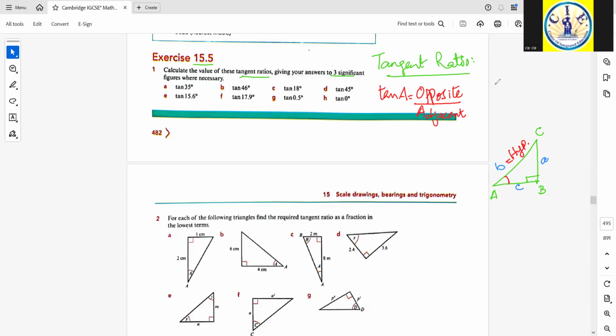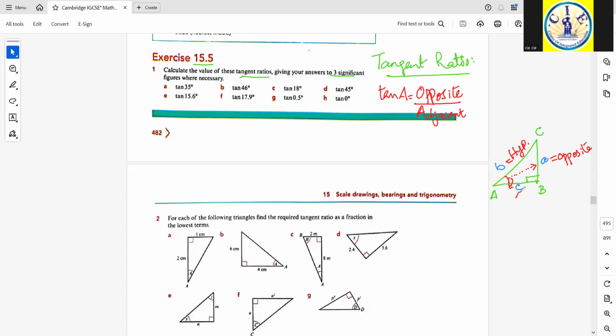Now, the side directly opposite to the angle of consideration, that is known as the opposite side. So in this case, the opposite side is a. And the side that is lying adjacent or with the base of the angle of consideration, that is known as the adjacent side.